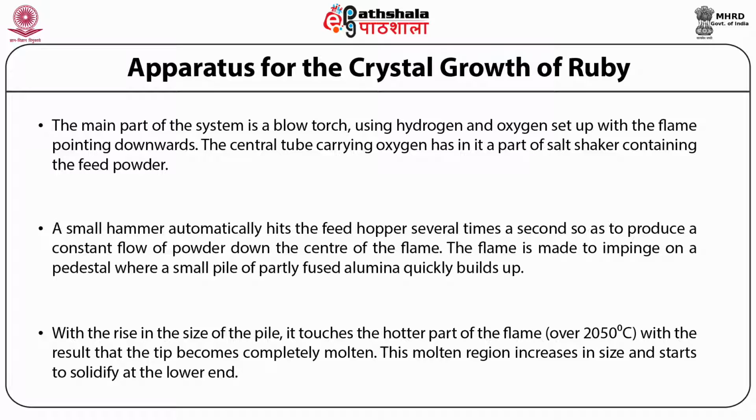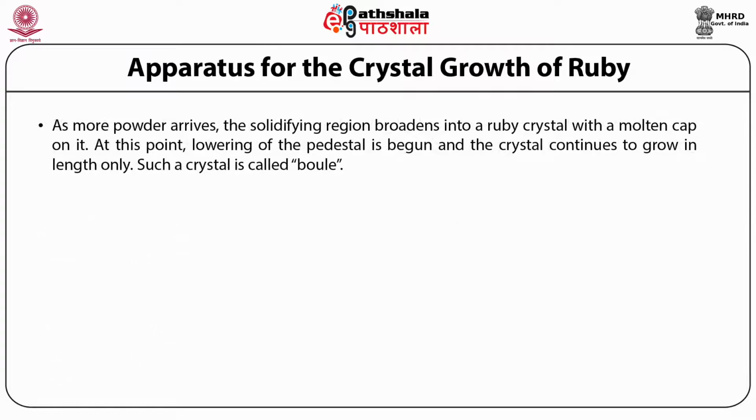This molten region increases in size and starts to solidify at the lower end. As more powder arrives, the solidifying region broadens into a ruby crystal with a molten cap on it.